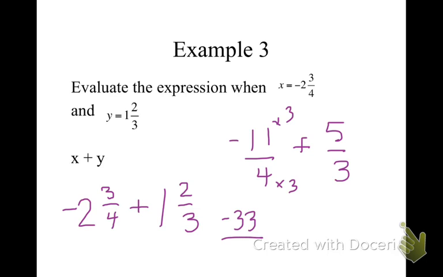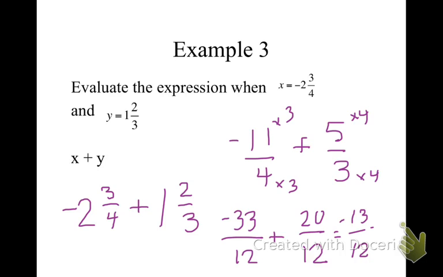So negative 33 over 12 plus 20 over 12 by multiplying by 4 over 4. Negative 33 plus 20 is negative 13. And as a mixed number, negative 1 and 1/12.